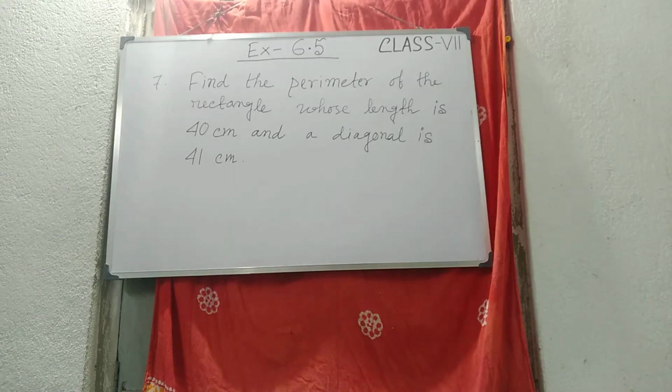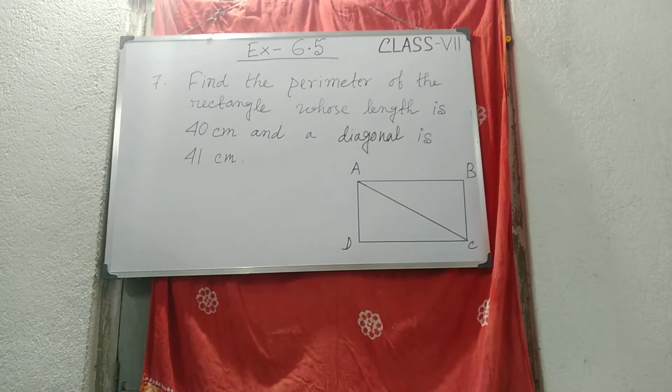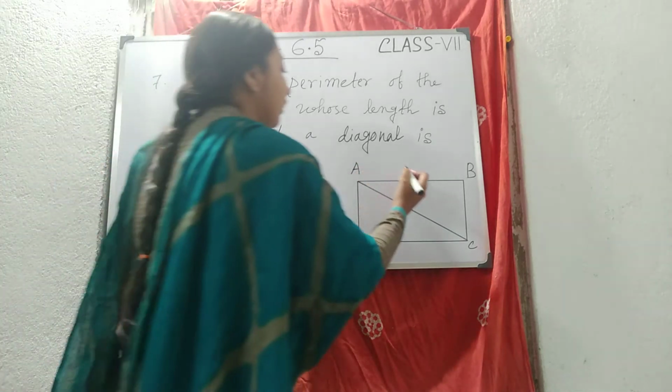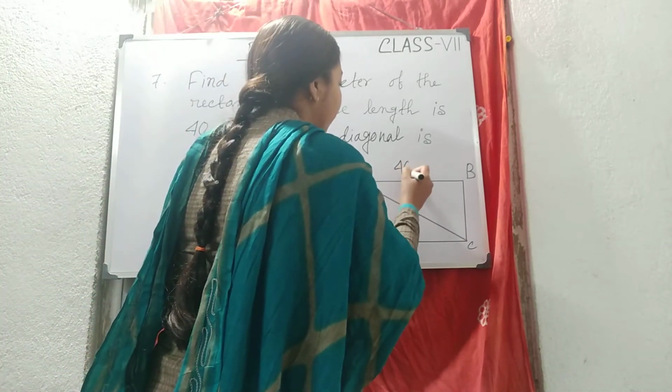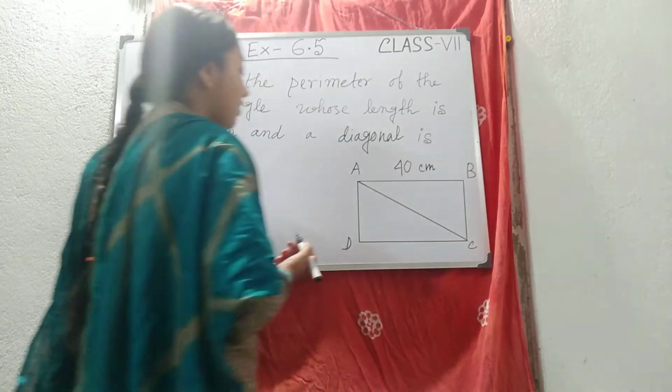Now question number 7. Find the perimeter of the rectangle whose length is 40 cm and diagonal is 41 cm. So at first we have to draw a rectangle. Suppose ABCD is a rectangle whose length is given 40 cm, means AB is given 40 cm.